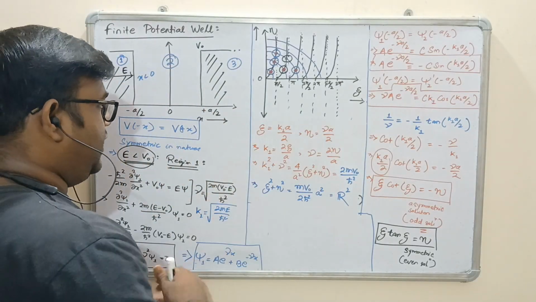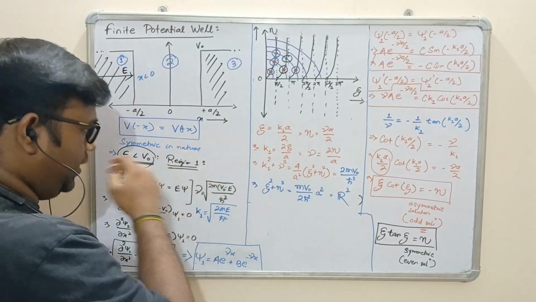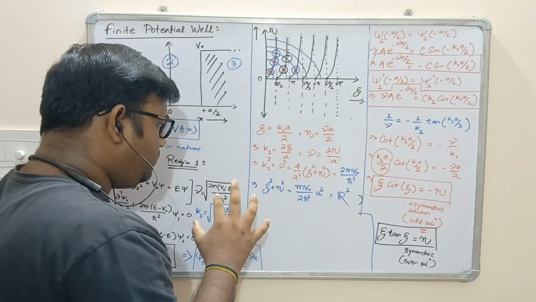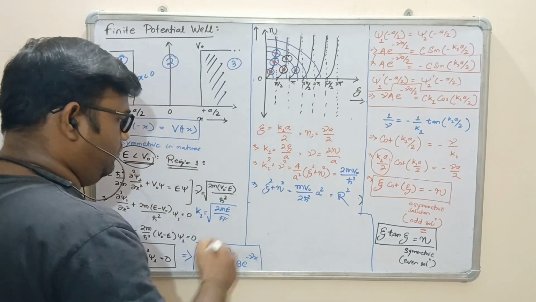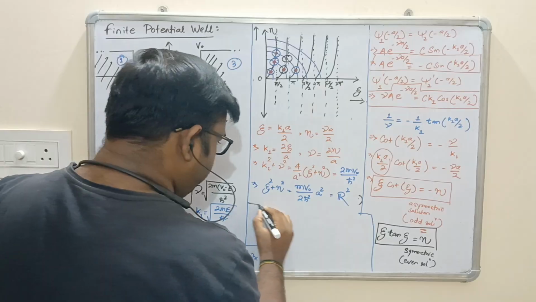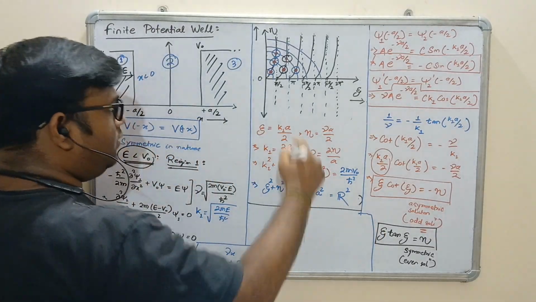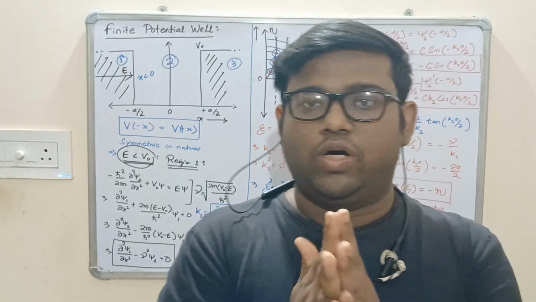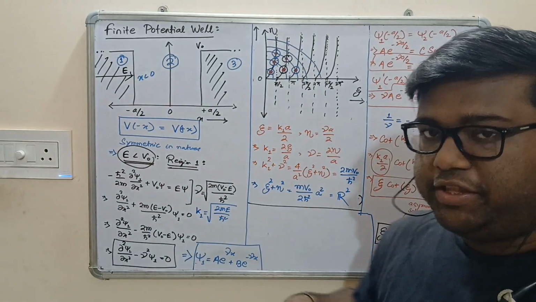Now in this entire scenario, we can do some kind of math, which tells us that the number of bound states depends on what? Only on the radius.